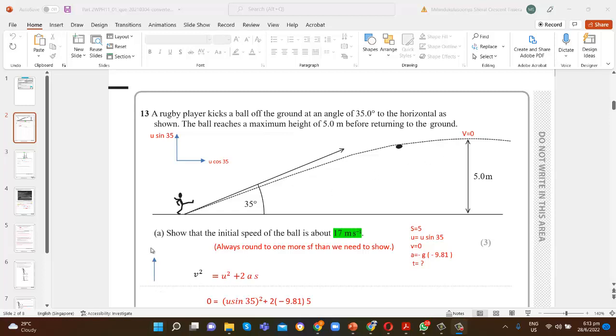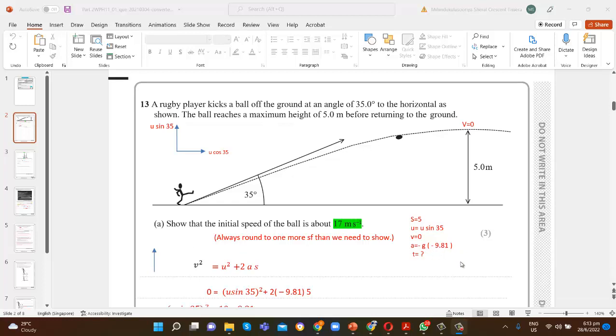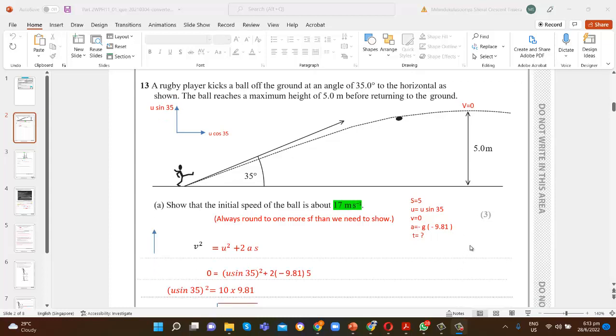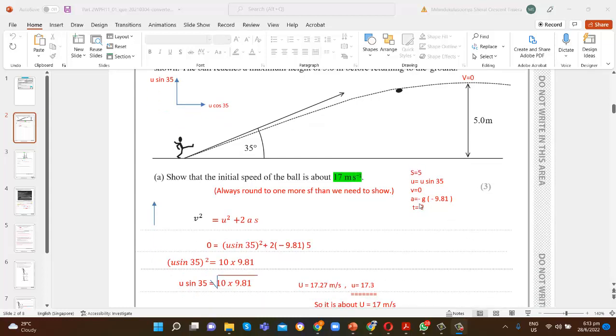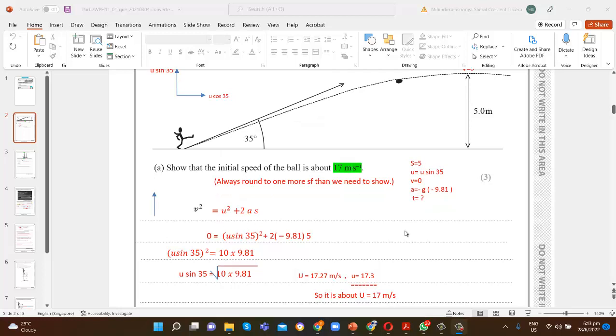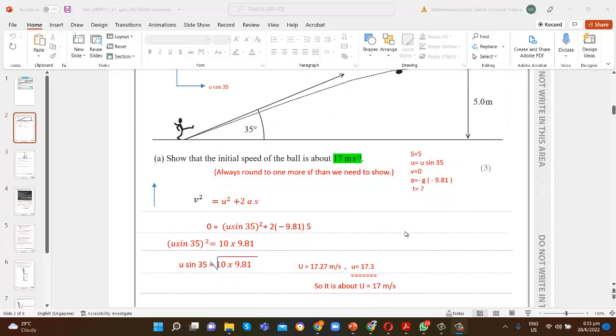Since we are taking upwards, it is minus g, 9.81, so we want to find U. The equation we are going to use is v squared equals u squared plus 2as. So 0 equals (U sine 35) squared plus 2 into minus 9.81 into 5.